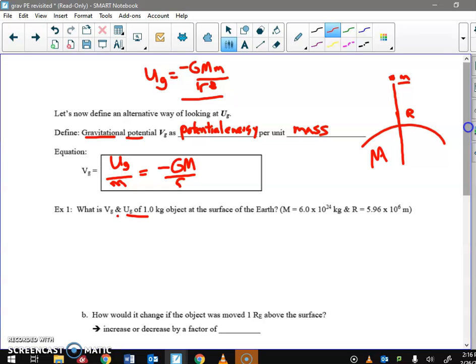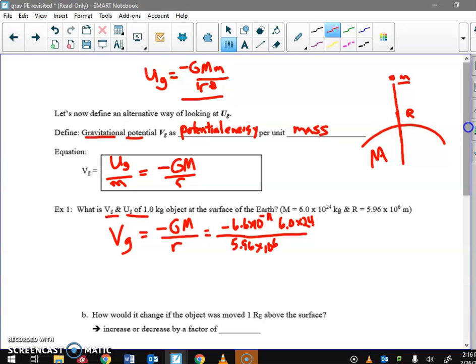So let me do an example. If we look at VG for the Earth, I'm going to do it the long way. I'm going to say it's negative GM all over R. So if I plug in the mass of the Earth and negative G, so negative 6.67 times 10 to the negative 11th, times 6.0 times 10 to the 24, and divide it by 5.96 times 10 to the 6.